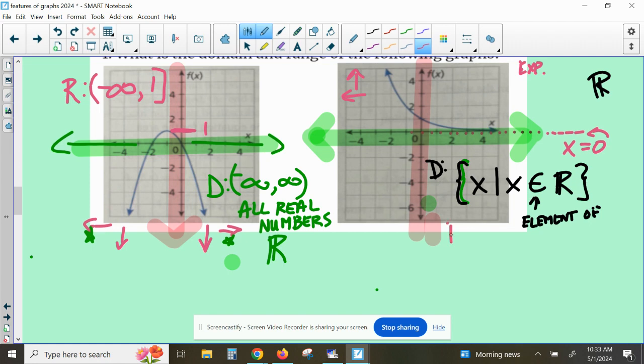Okay, so let's try to do the range in set notation. So what do I need to start with? Little brackets? Okay, what do I write next? We can write y or f of x. Let's go f of x because we haven't used him for a while. Let's write f of x because we know f of x is the same as y. All f of x's such that, what do we want f of x to be?